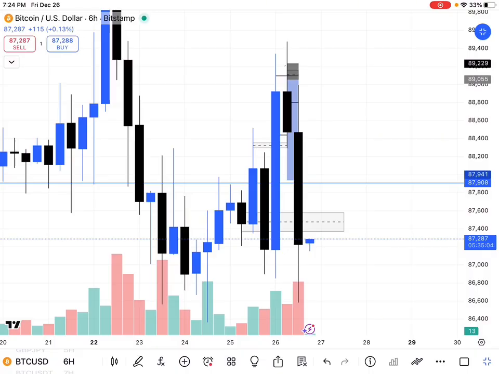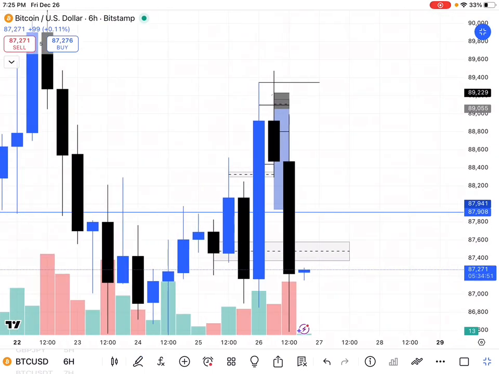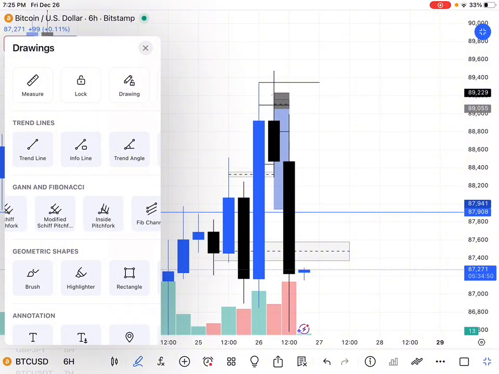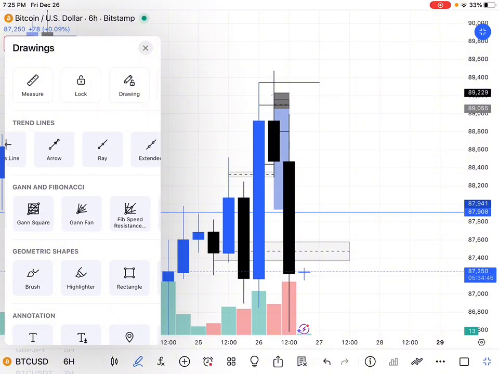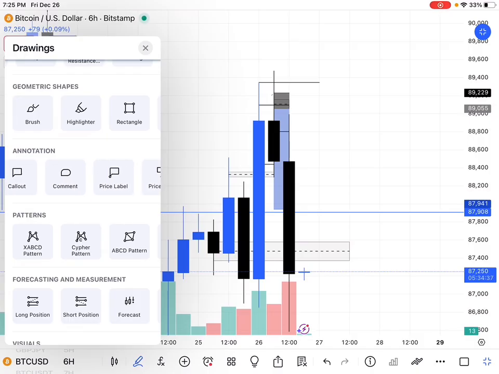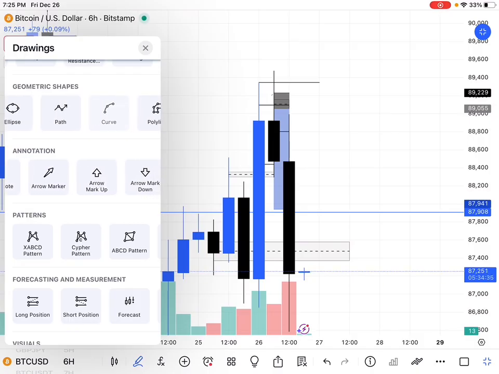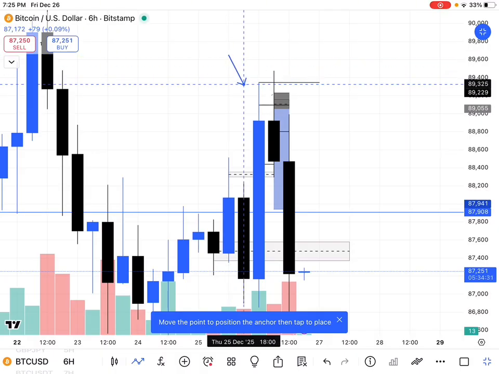This is the trade that missed me. So for the accumulation, the first candle is this candle. So this is the first candle, which is accumulation.